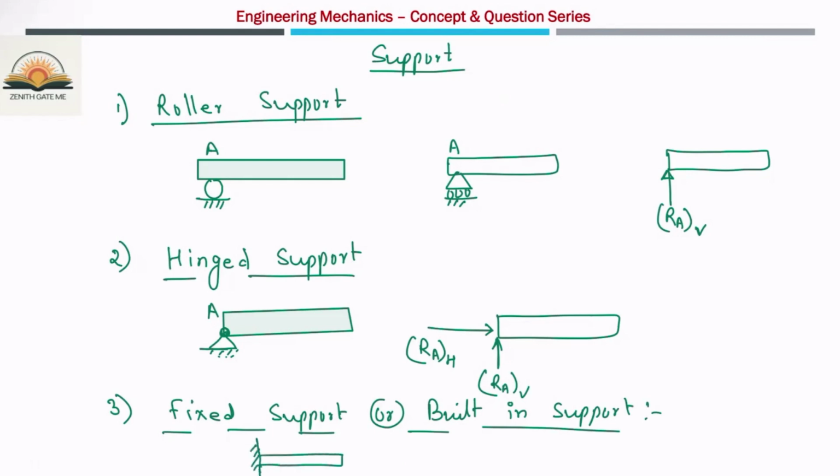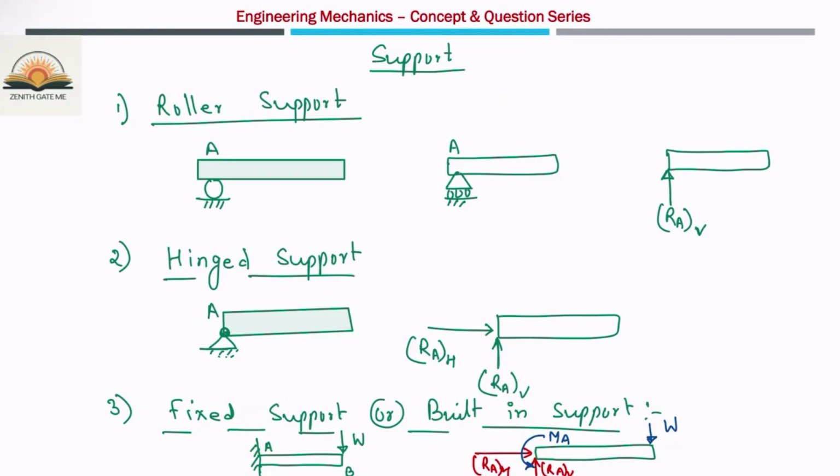Let us suppose this is the beam and there is a load which is acting at this end. This is point A, this is B. So how many reactions will come? The first one is this fixed support will resist the motion in the vertical direction, that means one vertical reaction RA vertical, and there is RA horizontal, because horizontal motion is also restricted, and the moment is also restricted. So three motions are restricted, that means three reactions will come. Okay, so the number of reactions of a support is equal to the number of motions restricted.